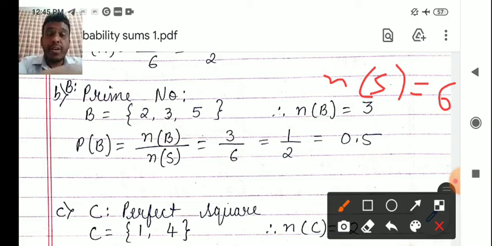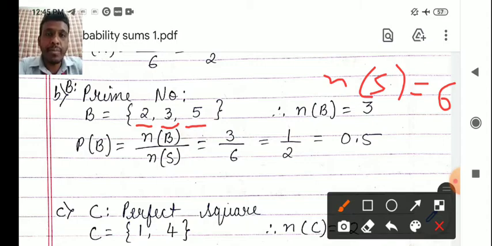B, prime number. Now how many prime numbers were there in 1, 2, 3, 4, 5, 6? 1 is not a prime number, 2 is a prime number, so that will come here. 3 is a prime number, it will come here. 4 is not a prime number, 5 is a prime number, it will come here. 6 is not a prime number. So out of 1, 2, 3, 4, 5, 6, only 3 numbers are prime, that is 2, 3 and 5, and hence n(B) is equal to 3.